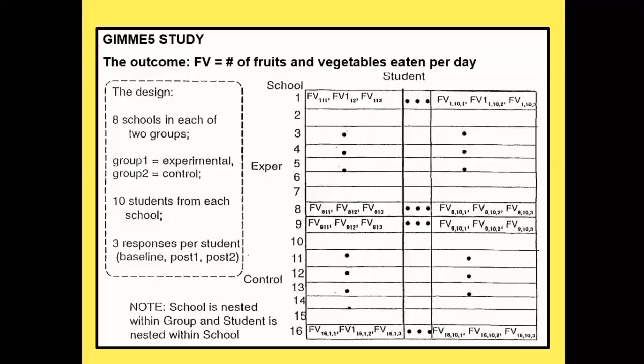So what's the main question? You got a baseline, post 1, post 2, so you've got 3 measurements for students within schools, and then you've got 8 schools getting experimental, 8 schools getting control. The key question is, do the kids in the experimental schools tend to eat more fruits and vegetables than the kids in the control schools? It's a simple question, right? So how do you do this?